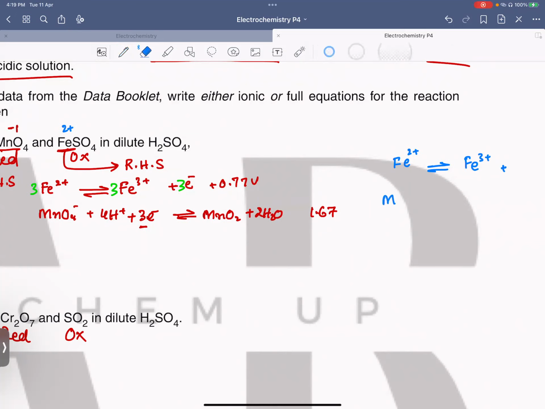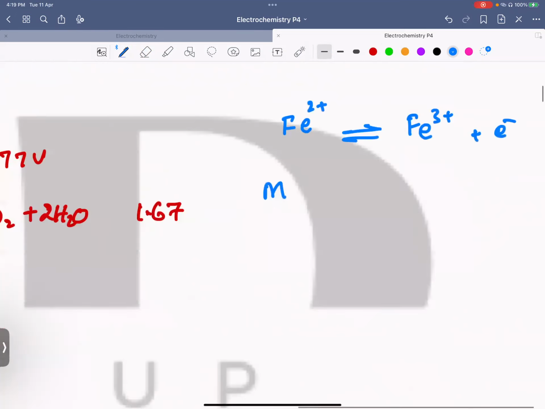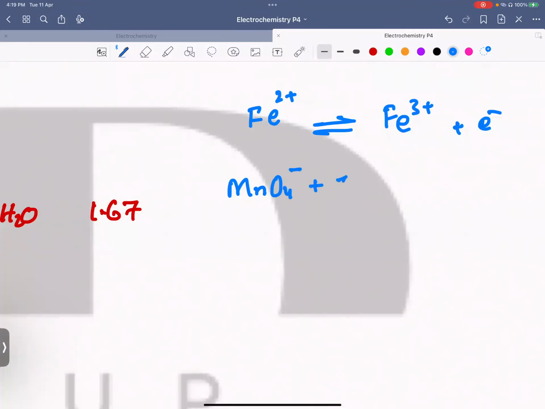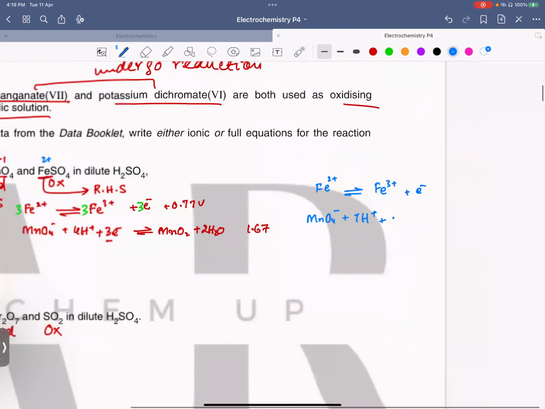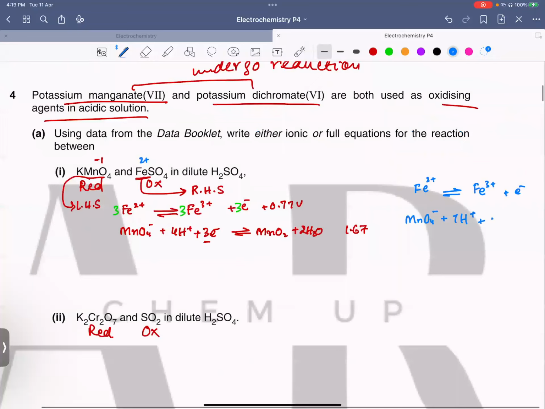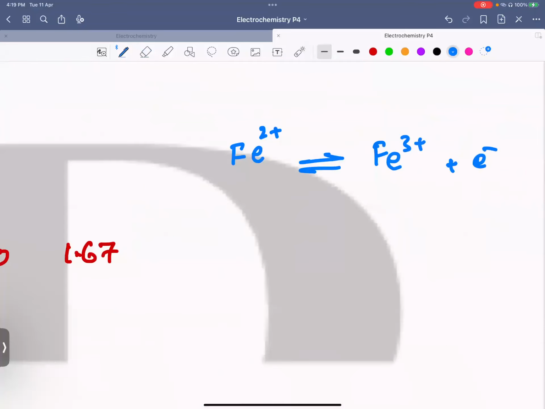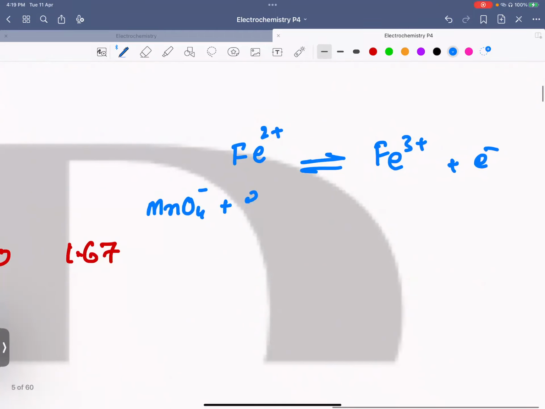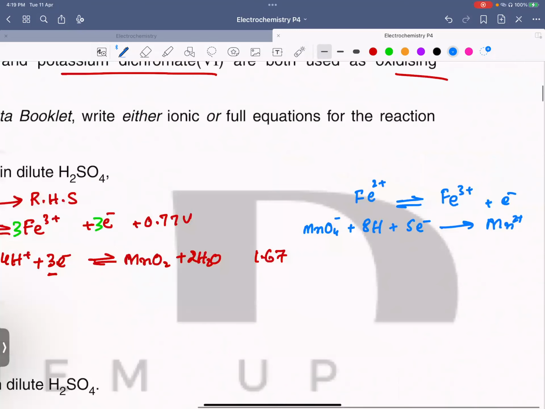If a student would have chosen the other equation which I didn't choose, which was MnO4 negative plus 8H positive plus 5 electrons gives Mn2 positive. So this is the other case.